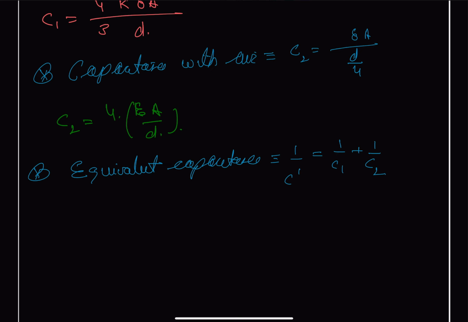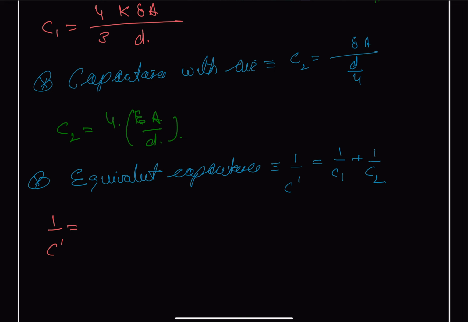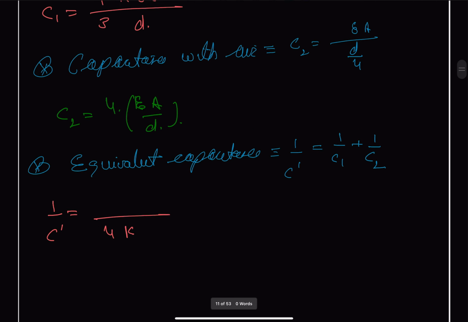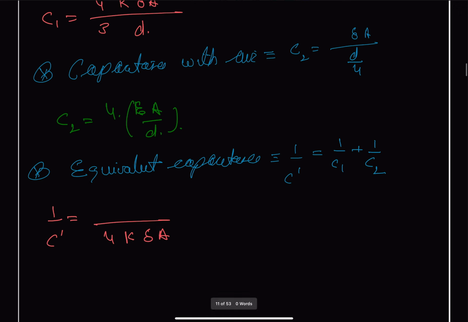We substitute the values, and we get 1 upon C prime equal to 3D upon 4K epsilon naught A plus D upon 4 epsilon naught A. We can just take common D upon 4 epsilon naught A, and we are left with 3 by K plus 1.